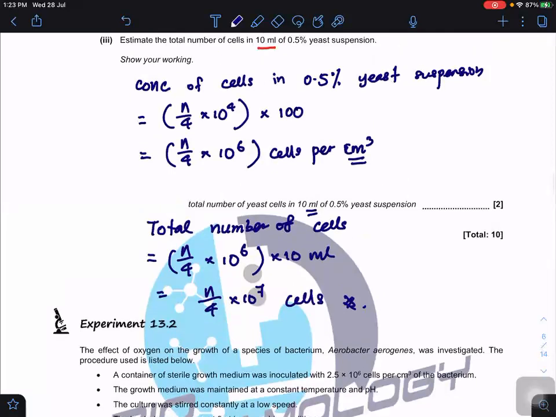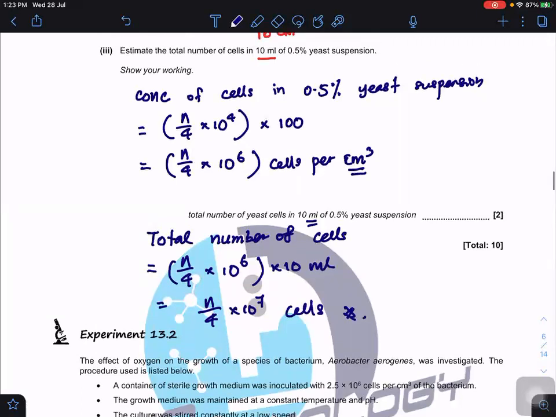We don't have the data, so therefore I use n to represent the total number. Copy down. Okay, you get the idea how to do the calculations now.